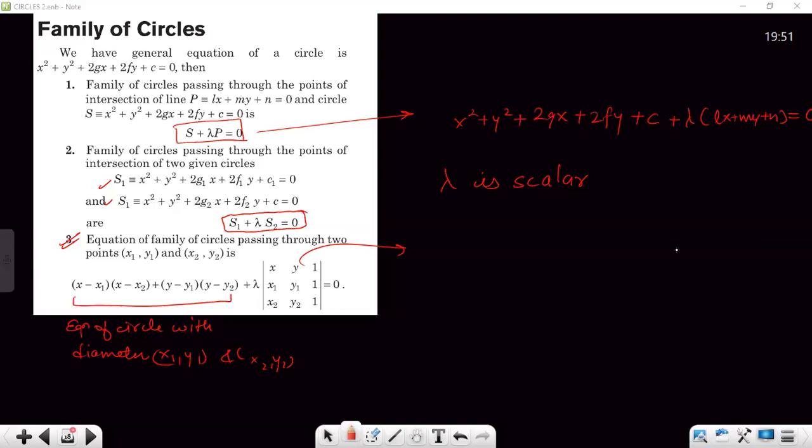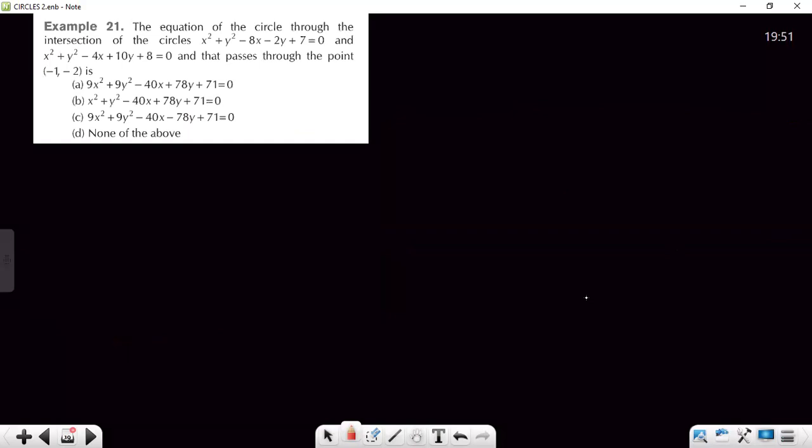Okay, let's do one example. So we have two circles, and we have to find the equation of the circle which is passing through the intersection of these two circles and also passing through another point.